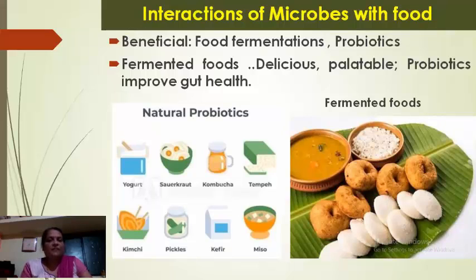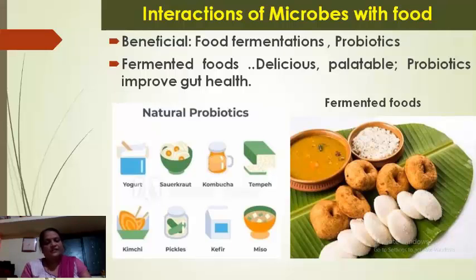The interactions of microorganisms in the food, we can broadly divide into two types. Sometimes these interactions are beneficial for human beings and sometimes these interactions are harmful. So what are the different types of beneficial interactions of microorganisms with the food? The beneficial interactions include food fermentations mainly and probiotics.